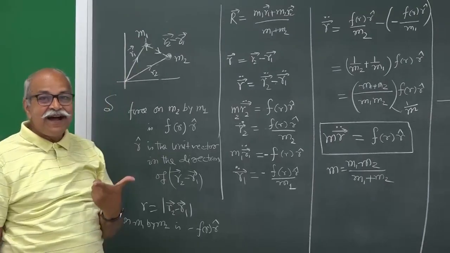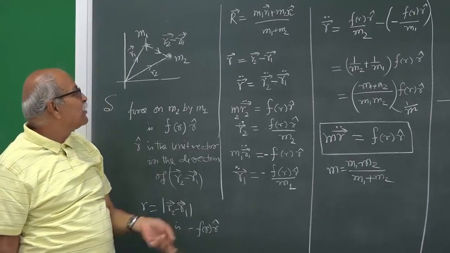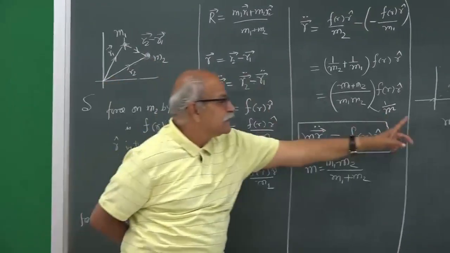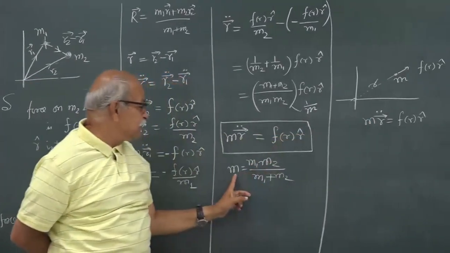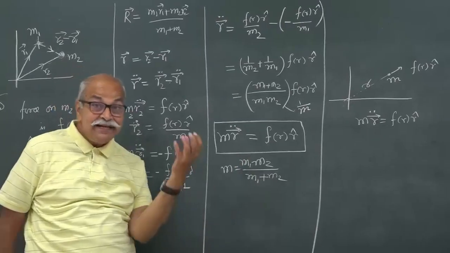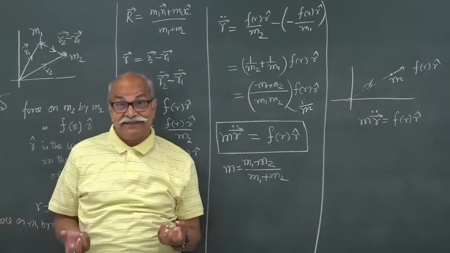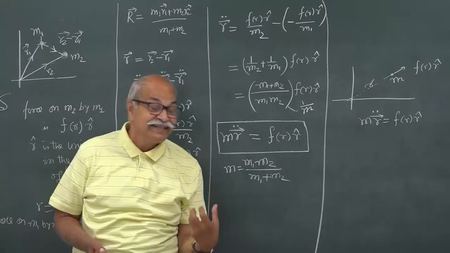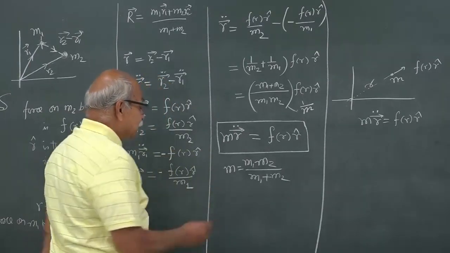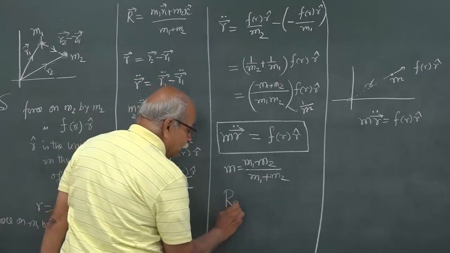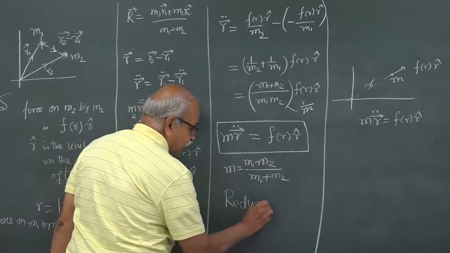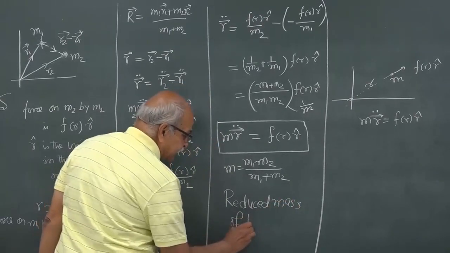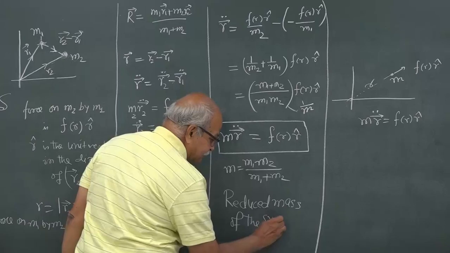The only thing I have to do is, in place of its mass m2, use another mass m, given by this equation, which depends on both the particles, the one exerting the force and the one experiencing the force. This is given the name reduced mass of the system of two particles.